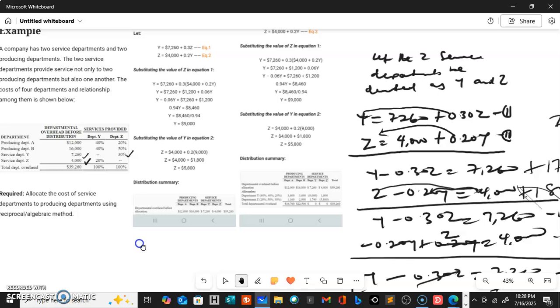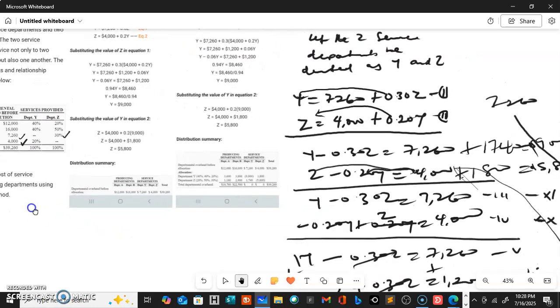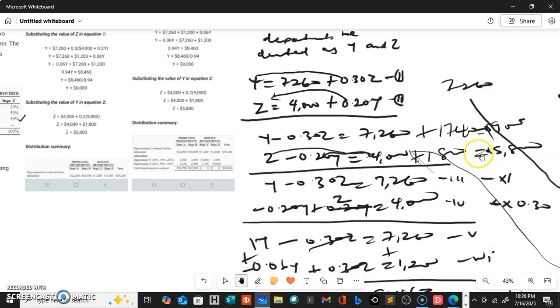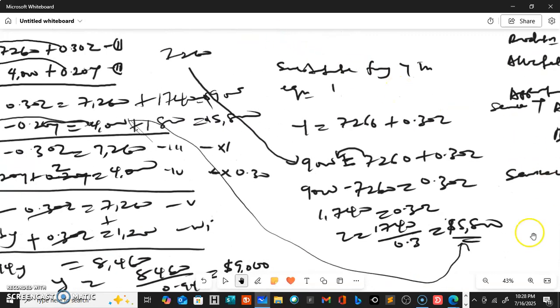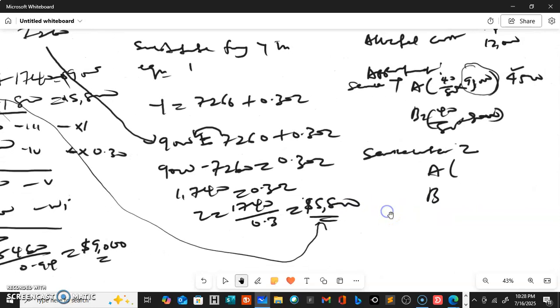So for Z now we have 20, 50, 30. We've already apportioned the 30%, so that will be 20 over 70 and 50 over 70. So let us go ahead and do that. That will be 20 over 70 times 5,800 and 50 over 70 times 5,800. So let's see the figure.